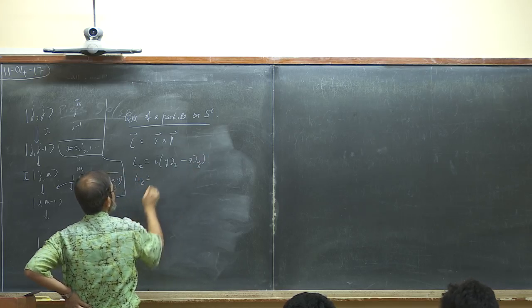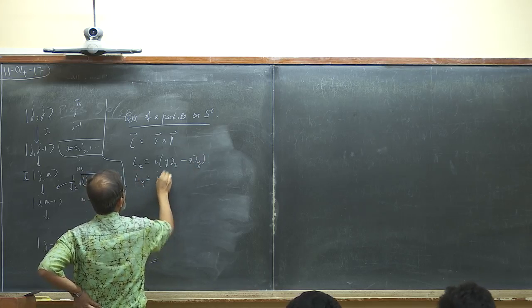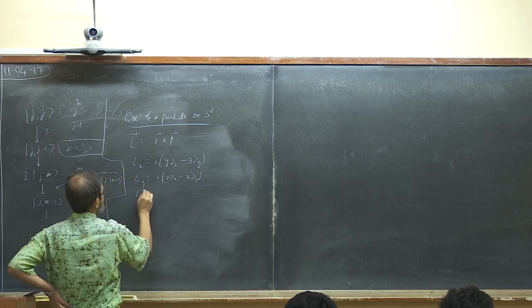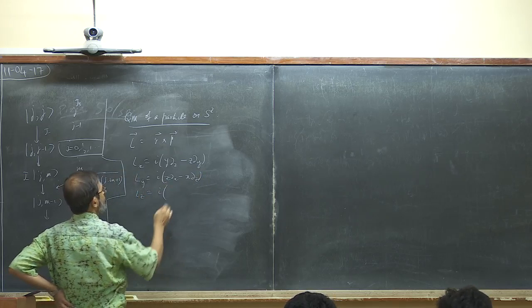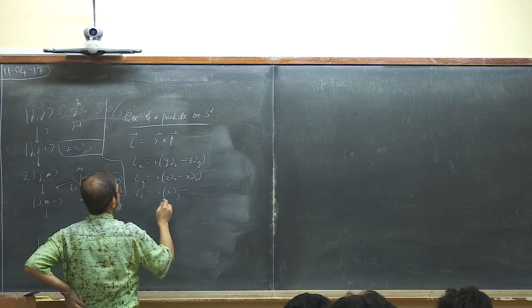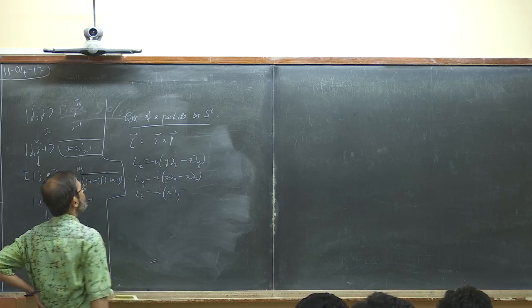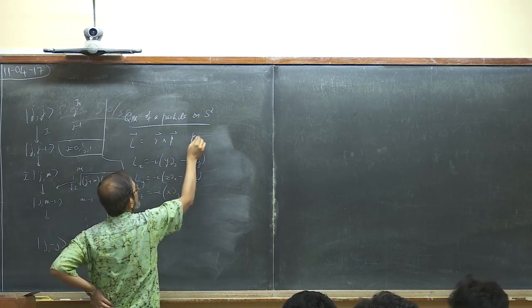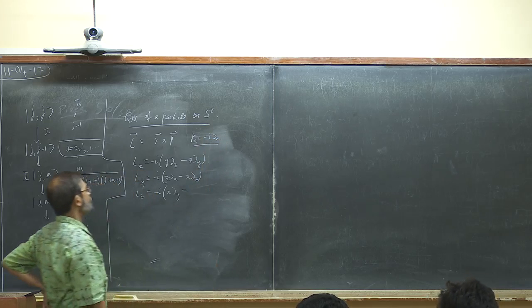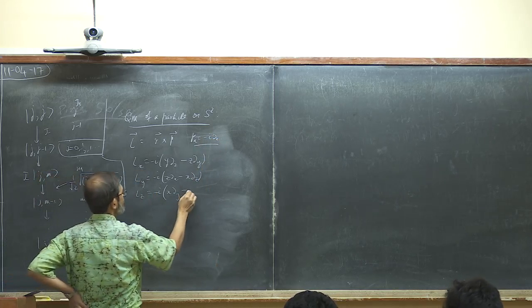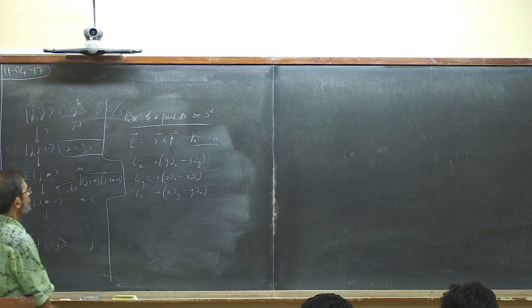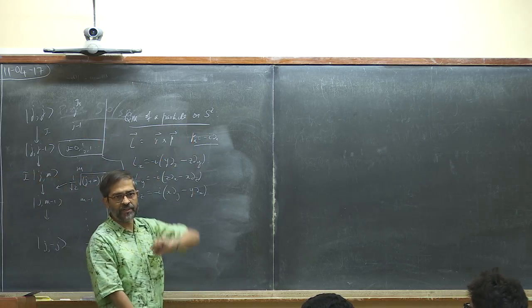Ly is z p_x minus x p_z, and Lz is x p_y minus y p_x, with the minus signs because p_x is equal to minus i derivative with respect to x. That's my convention. This is what I get.